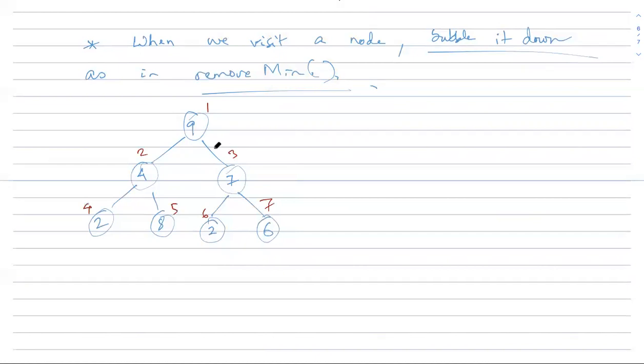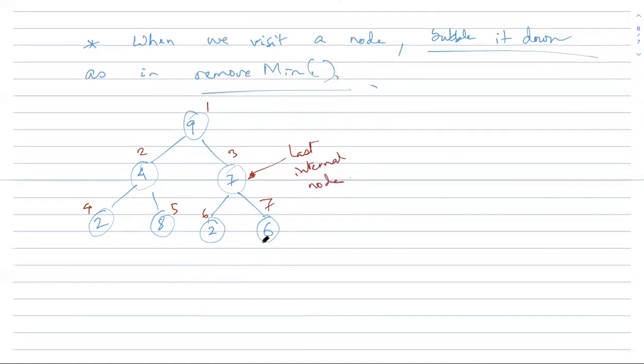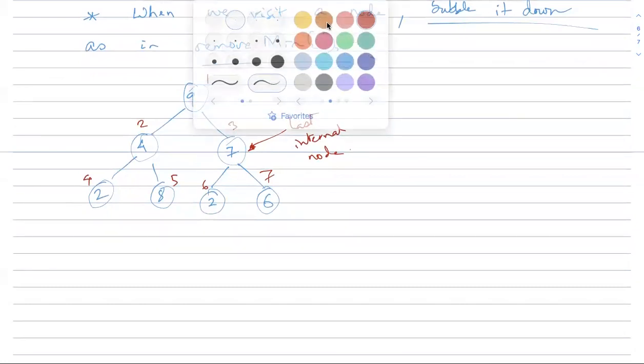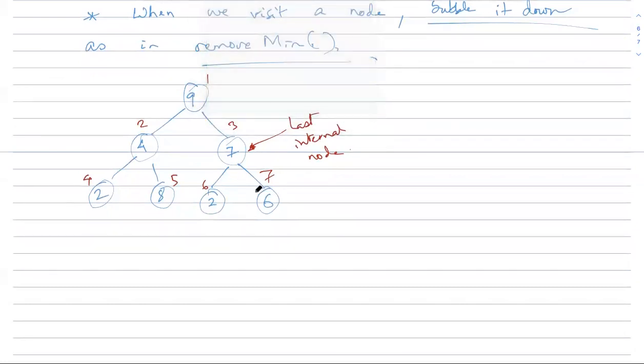So 7 divided by 2. So this is our last internal node. With respect to this, we want to bubble down. So bubble down operation, if you recall, we look at the children. What is the minimum of the two values? We see 2. So this is a candidate for swapping. So 7 is what is going to bubble down. So let's just copy this.